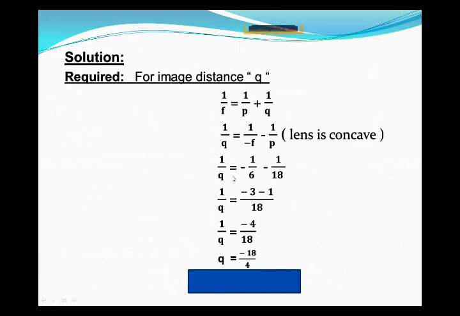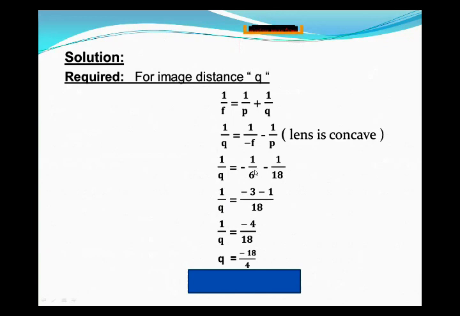Then computing their values, we get 1 over Q is equal to minus 1 upon 6 minus 1 upon 18, because focal length is 6 and P is 18. Now, here this 6 is not matching with the LCM, so we will multiply 6 with 3 to get 18.